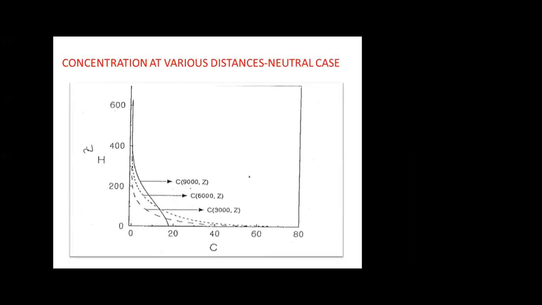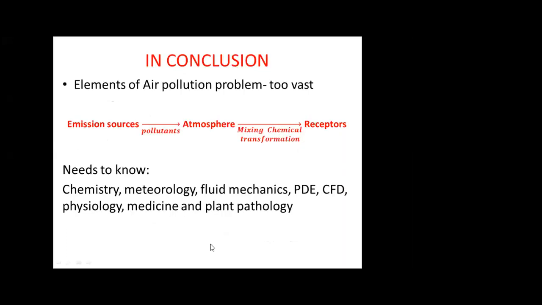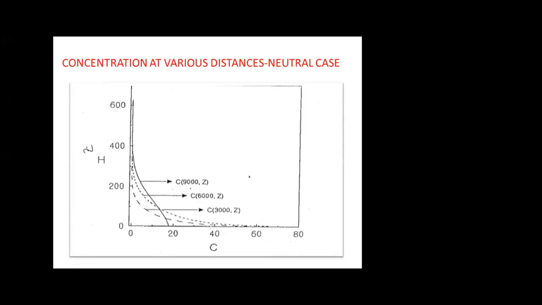Similarly, this is the neutral case, and you see the same, the height versus the C. And this is what we studied, the concentration of pollutant at various heights and various distances.